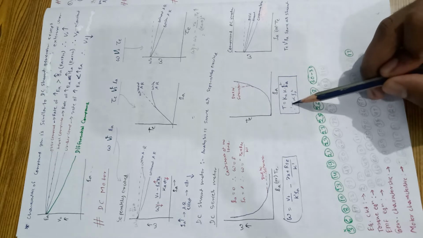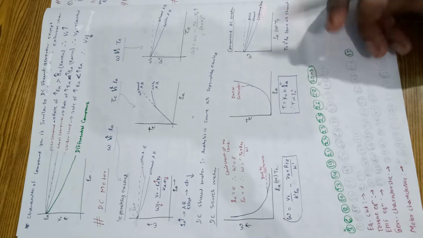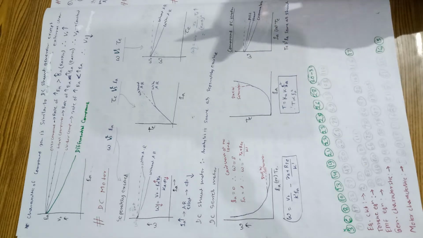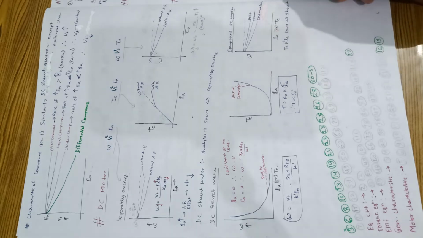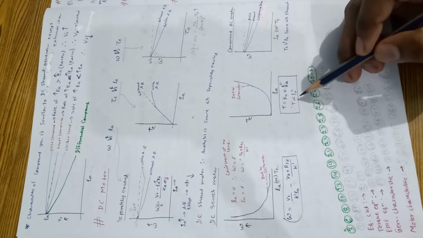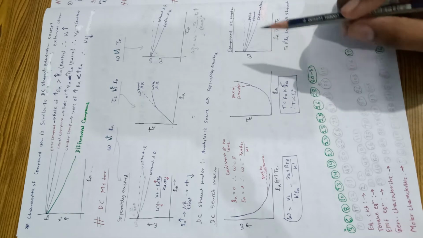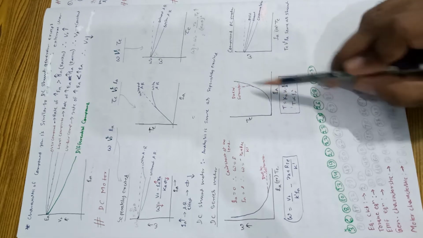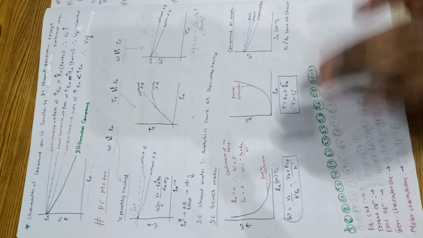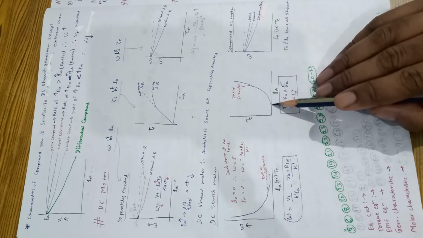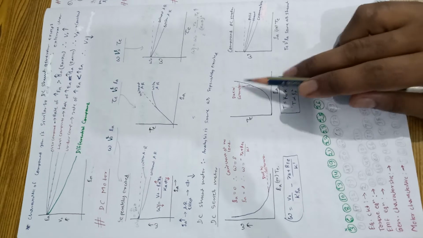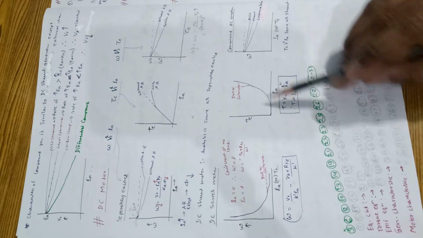In other motors, torque is directly proportional to armature current, but in the DC series motor, torque is directly proportional to the square of armature current. At zero armature current there won't be any torque, and as we increase it, torque will also increase. This is the main point we have to remember.